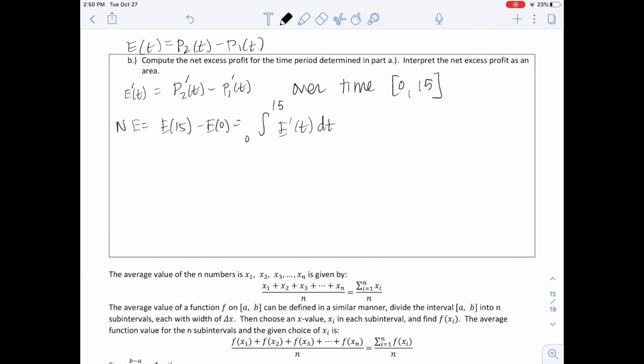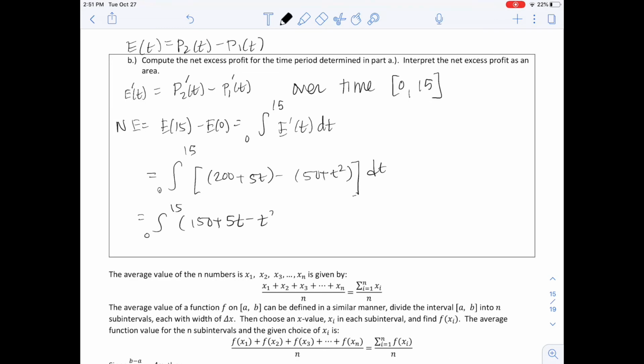From here, we arrive at the integral from 0 to 15 of P2 prime of t, which is 200 plus 5t, minus (50 plus t squared), which was our first function, dt with respect to t. Simplifying this, we have the integral from 0 to 15 of 150 plus 5t minus t squared dt.